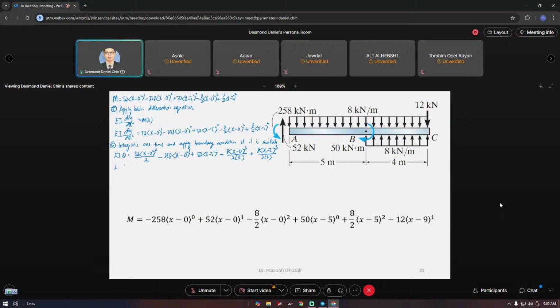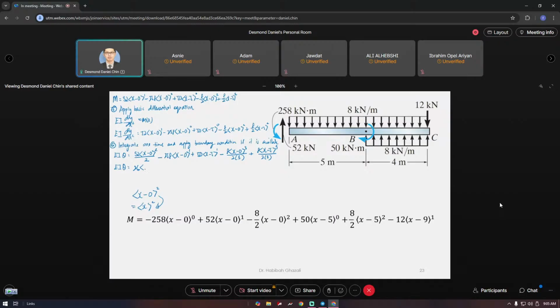So we want to make the equation simple. So 52 divided by 2, you will get 26, right? Okay, let me ask you a very logical question. X minus 0 squared, anything, it will become x squared, isn't it? Because it will minus 0 forever, right? So can I simplify this part? Yes.